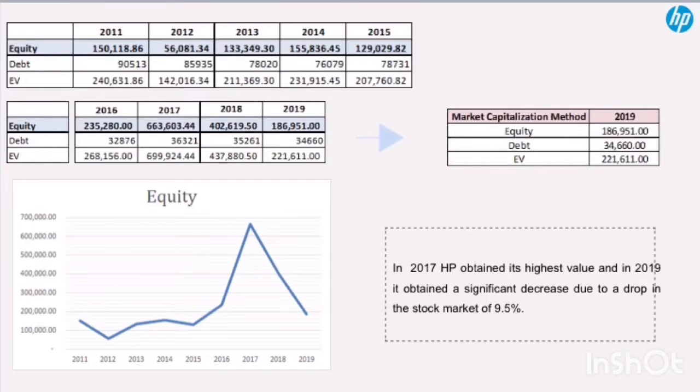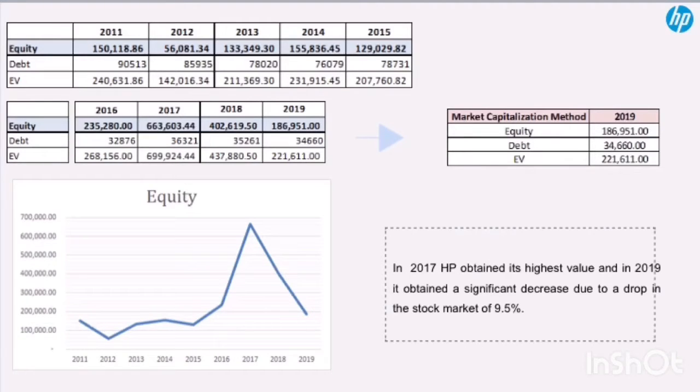In 2019, the value of the equity according to the HP market was $186,000 due to the fact that the price per share fell from 249 in 2018 to 123 in 2019. Likewise, the number of shares decreased by 100 million, which in 2019 was a drastic drop in the market capitalization value.